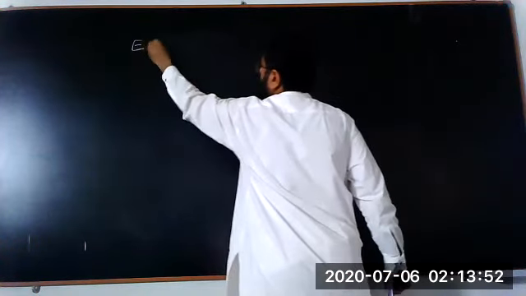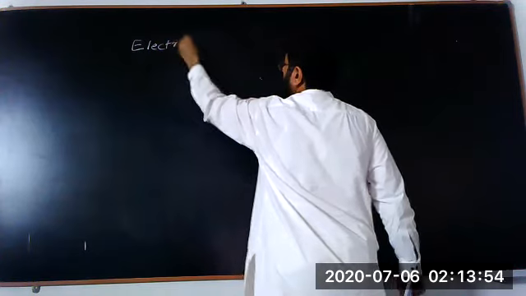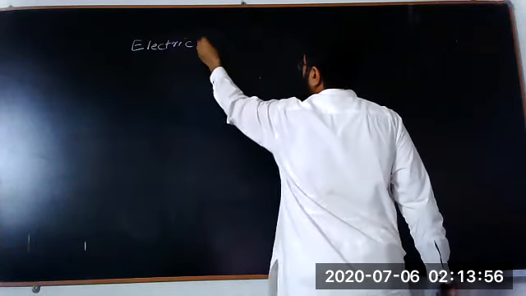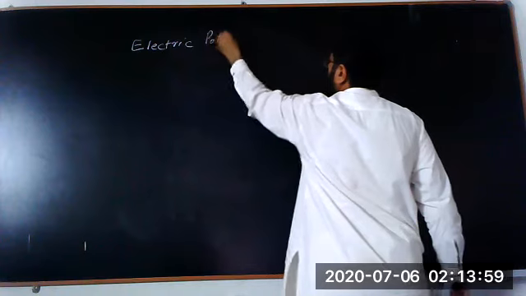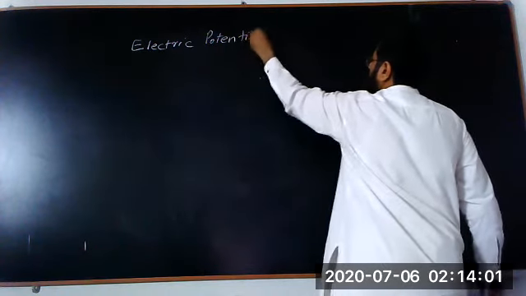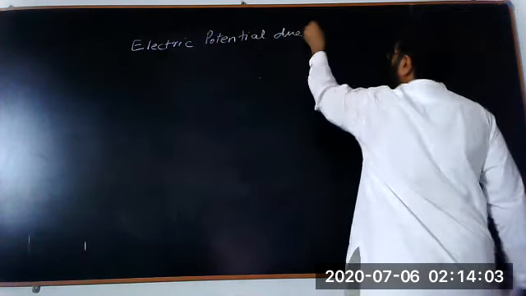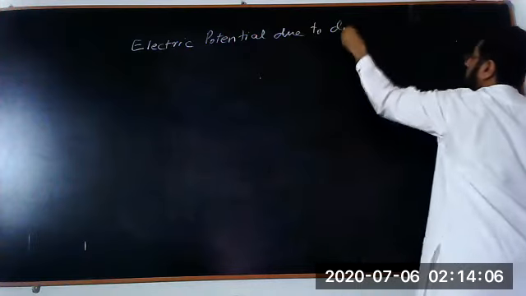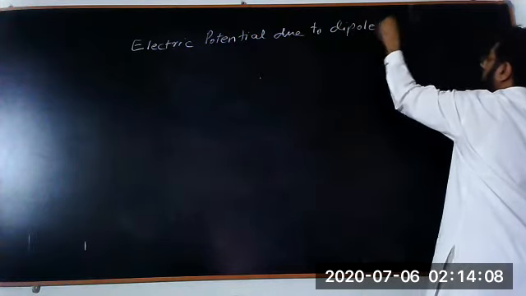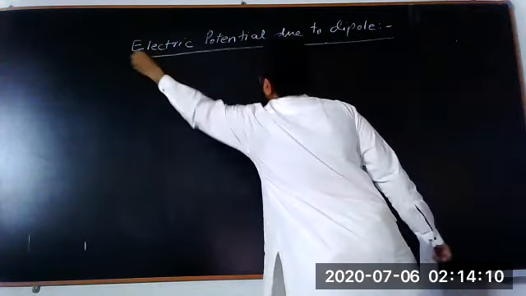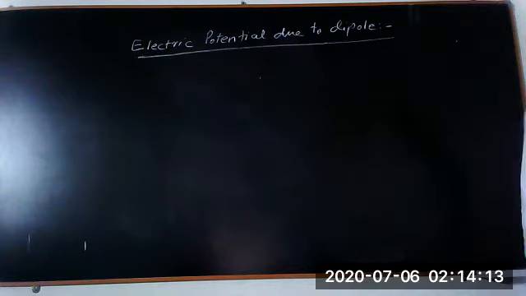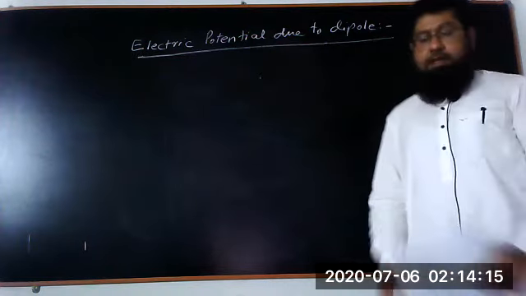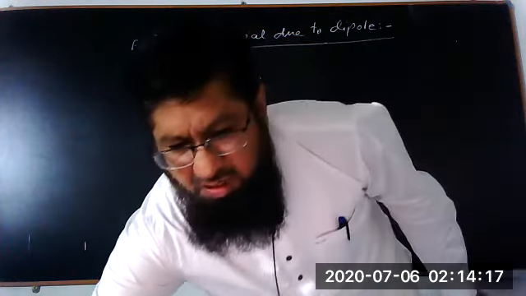So now we are discussing the electric potential due to a dipole. A dipole is simply two opposite polarity charges which are separated by a small displacement.